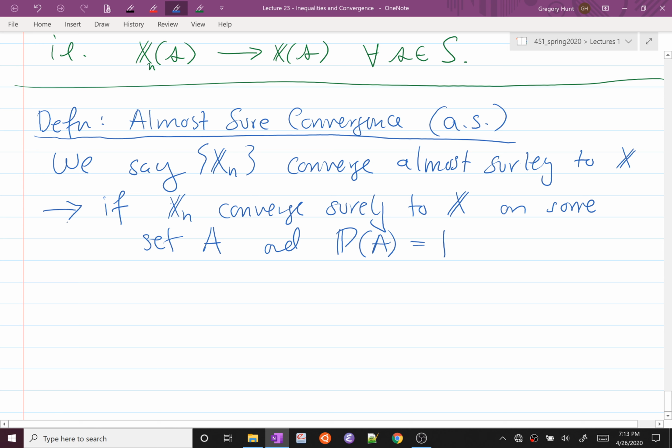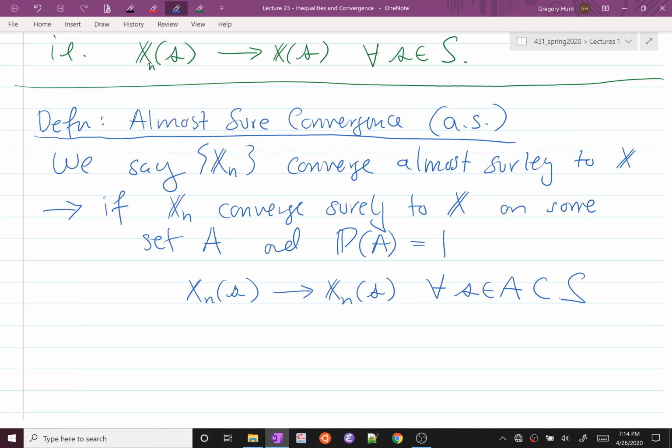That is, we can find some set A where X_n of s converges to X of s for all s in A, and A is some subset of my sample space. It's not the whole sample space, but it's a big enough subset that the probability of A is 1.